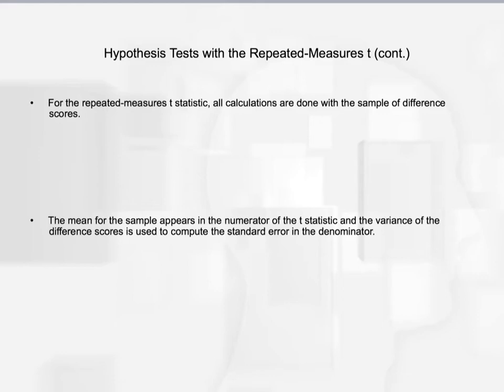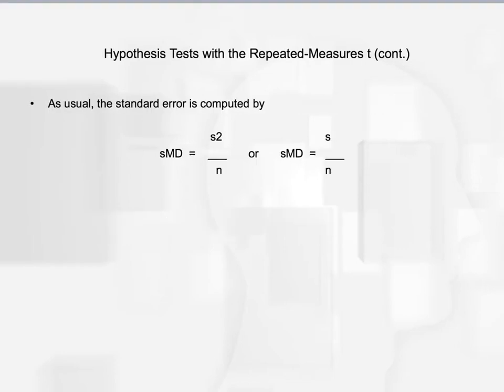And all our calculations are done with difference scores. I'll show you an example of that. To get the standard error of the mean differences, we calculate the variance of the difference scores, and again it's the variance of difference scores divided by the sample size, or we take the standard deviation of the difference scores and divide it by the square root of n.